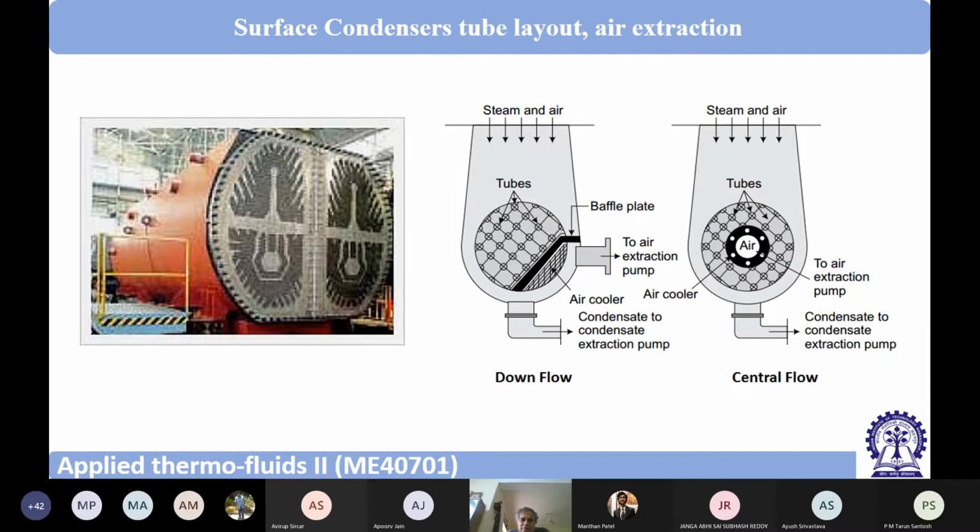Can you answer these questions? Because these kinds of questions are asked in some sort of viva or job interview: why do we have steam on the shell side and water on the tube side?